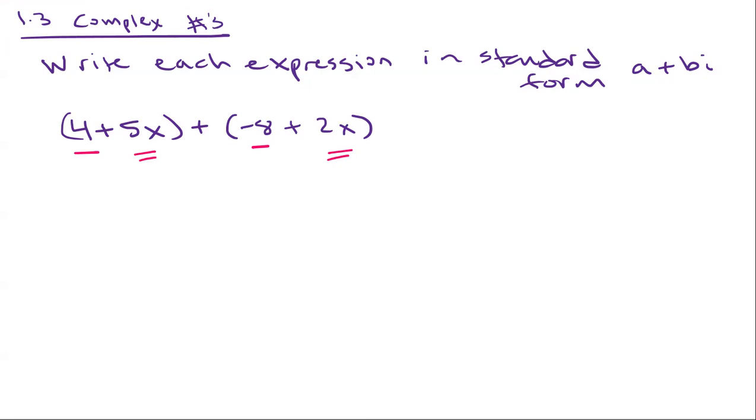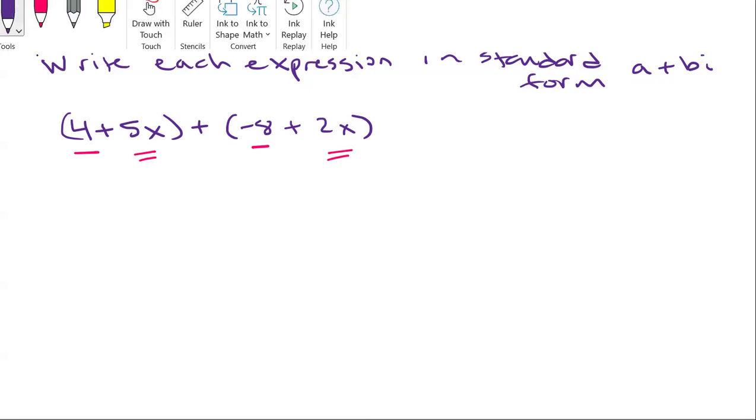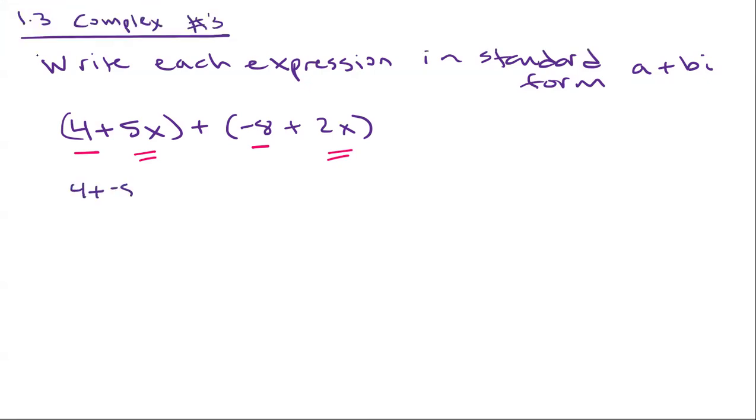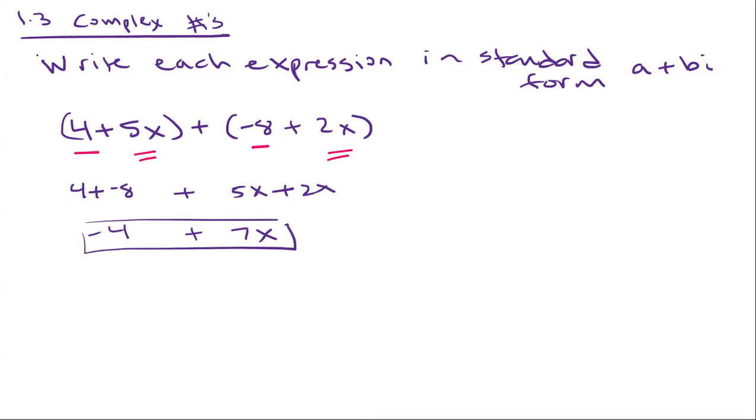You would get 4 plus negative 8, and then plus 5x plus 2x. 4 plus negative 8 is negative 4, and 5x plus 2x gives us 7x. That would be our answer: negative 4 plus 7x.